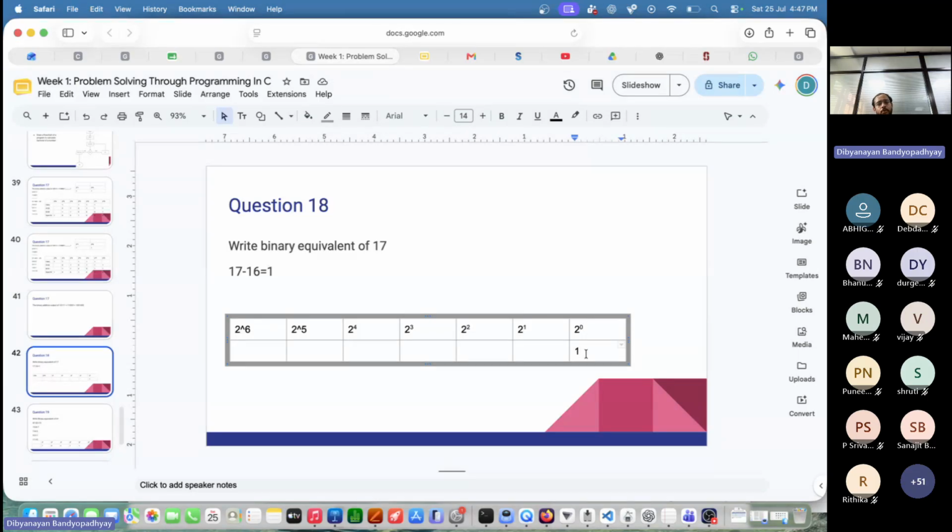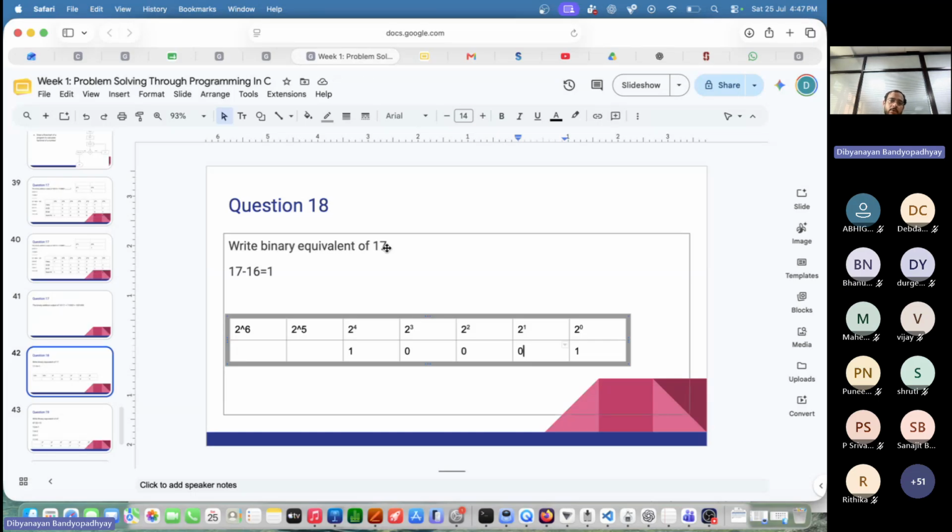So how many more do you need? 17 minus 1 is 16. So you need only 16. How can you get 16? 2 to the 4, sorry. If you place 1 here, you get 2 to the power 4 into 1 plus 2 to the power 0 into 1, which gives 17. Every other position will get 0. So this is one heuristic way of calculating this equivalent, and it is very simple.